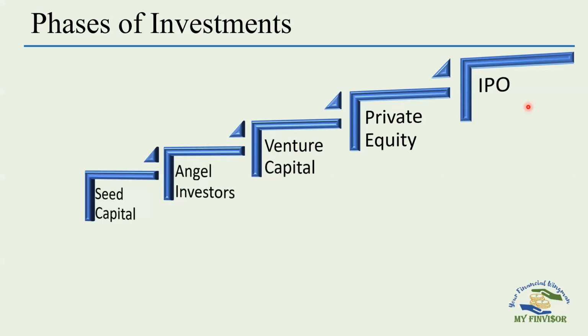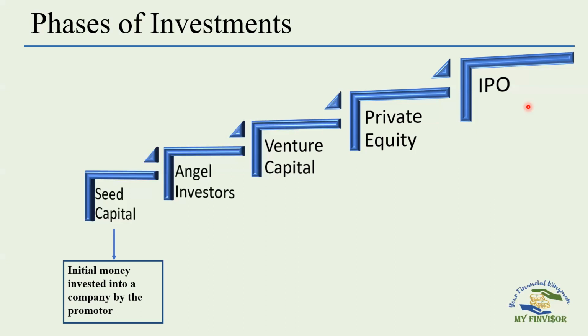Here the proprietor, either the founder or others, have to declare to the exchange and SEBI that they are going to raise this much money, these many shares, or whether it is an offer for sale. That goes into an IPO. And when it goes into an IPO, all the mutual funds and also the retail investors can buy on the stock exchange.